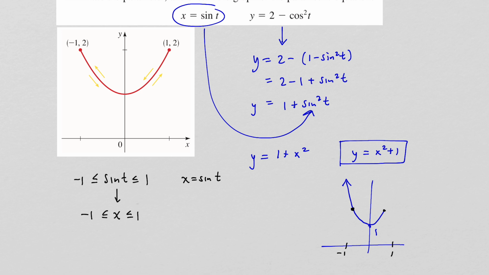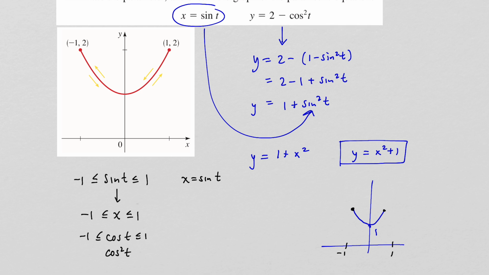So I'm going to erase the other part of the graph. It's just not possible, because if x is sine of t, x can never be a number bigger than 1 or less than -1.